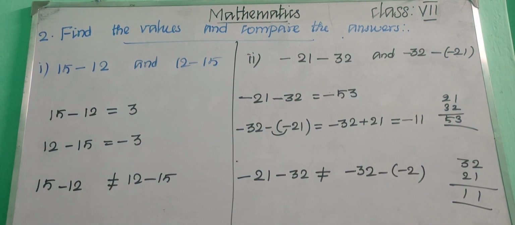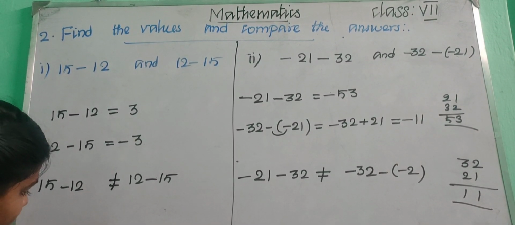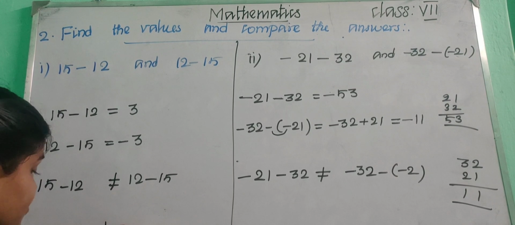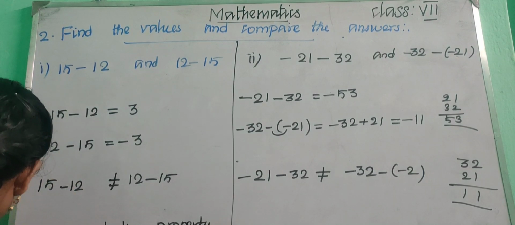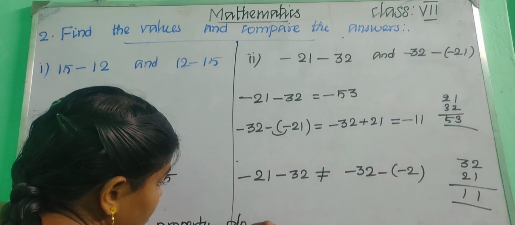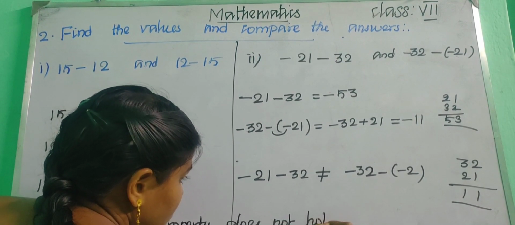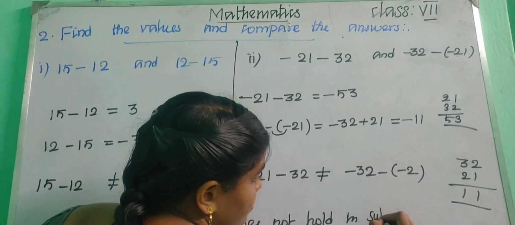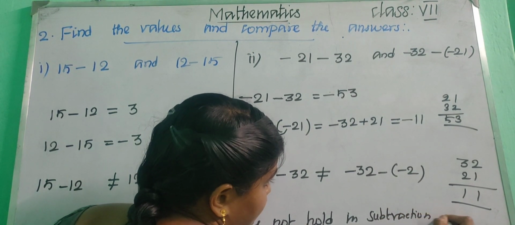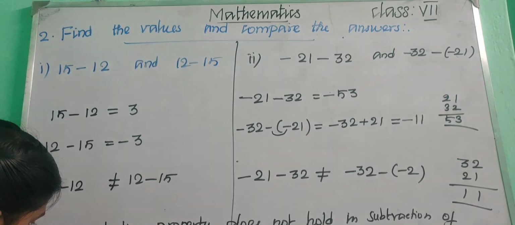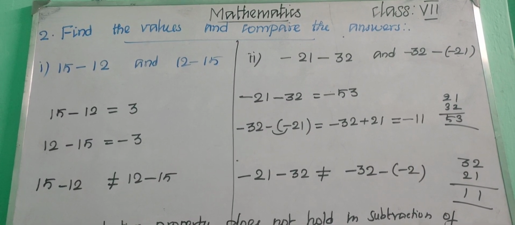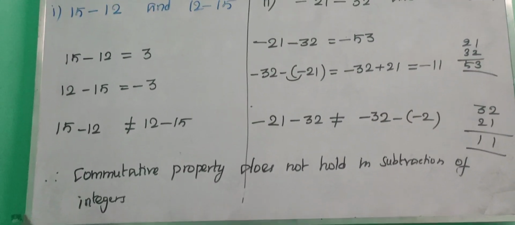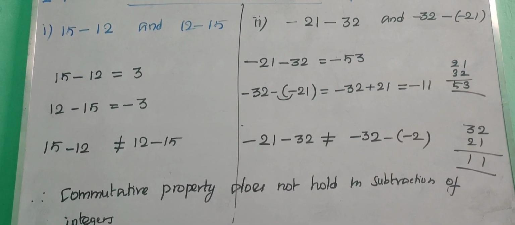So we can write the commutative property does not hold in subtraction of integers. Copy it in your notebook, children.